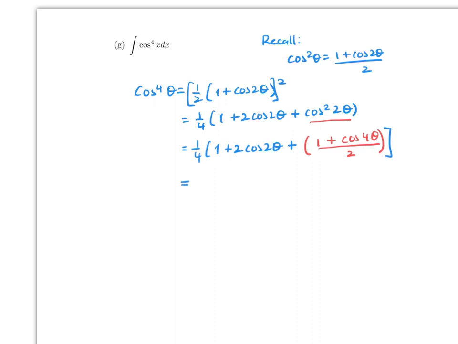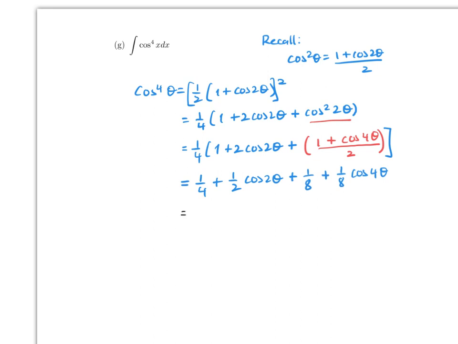So therefore, you distribute, this will give you 1/4 plus 1/2 cosine 2 theta plus this is 1/2 times 1/4. That will give you 1/8, and then this will give you 1/8 cosine 4 theta.